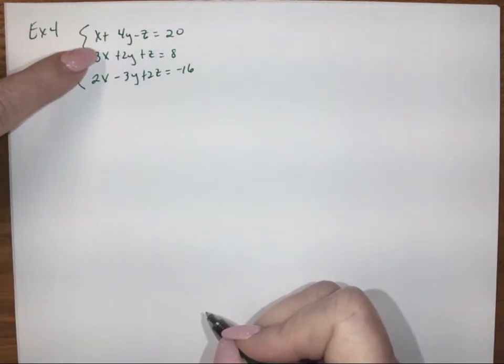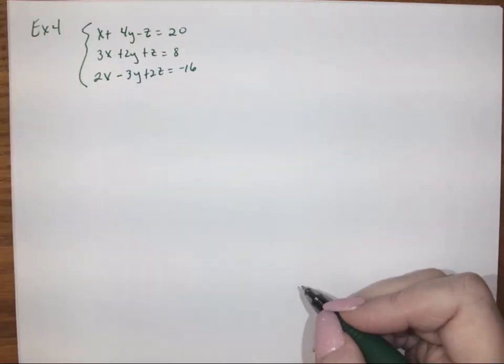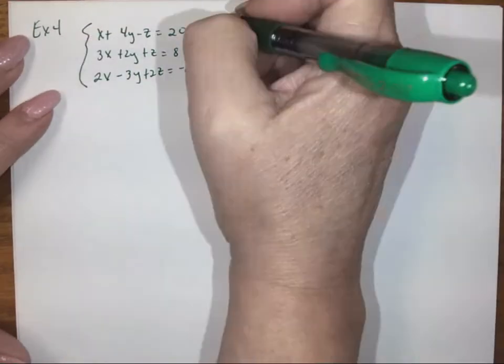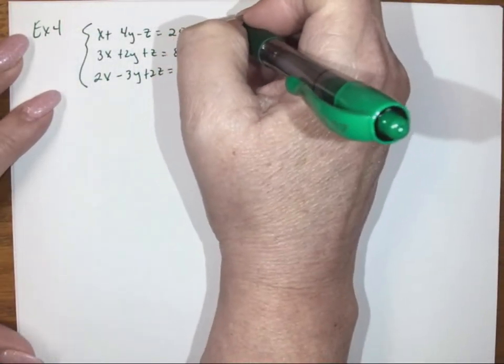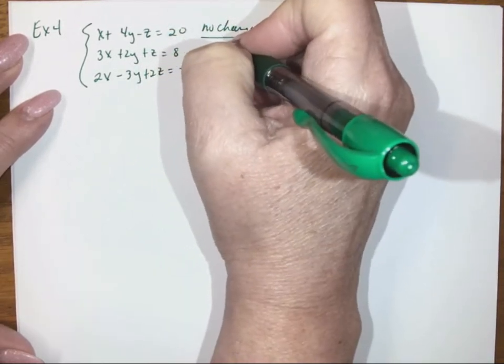So if I add the first two equations, I don't have to do anything mathematically except bring them over and add them together because I will have a negative and a positive z. So this will be no change, and this one will be no change.